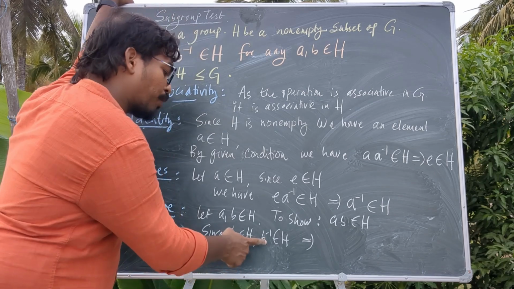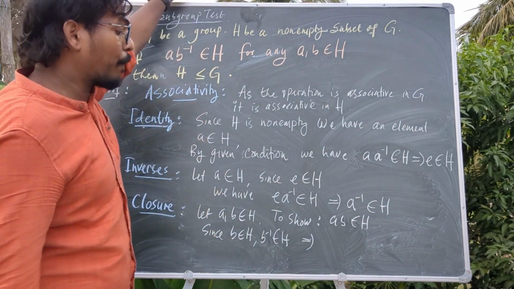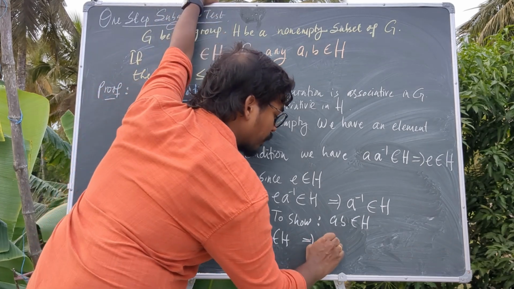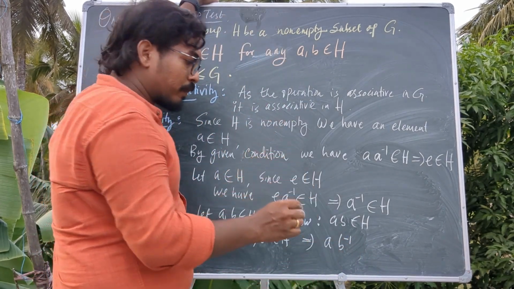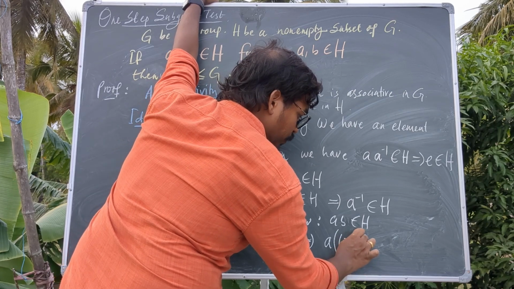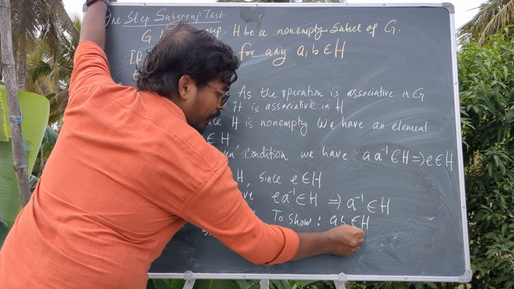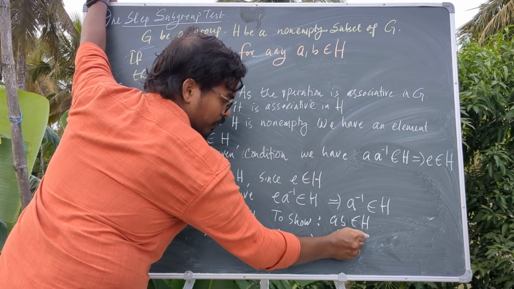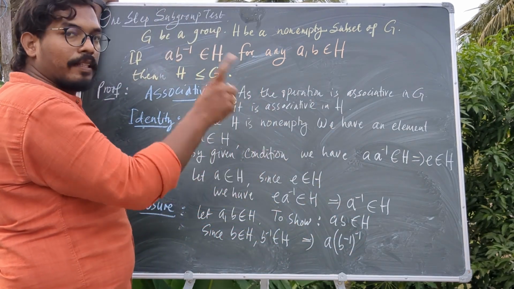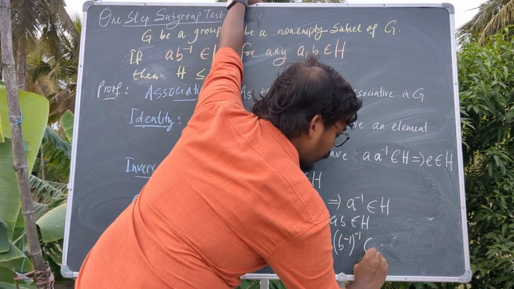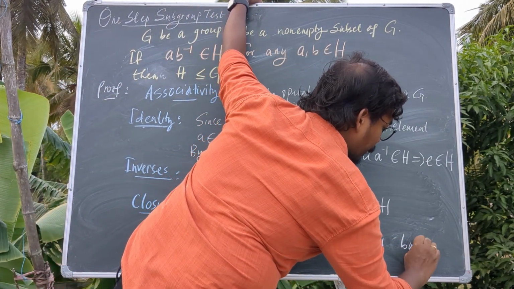I can use this element and, with the property of the subset, I am taking the second element as B inverse. This is one element of H. Suppose this one is C. A C inverse is in H if A, C are in H, by the property of H.